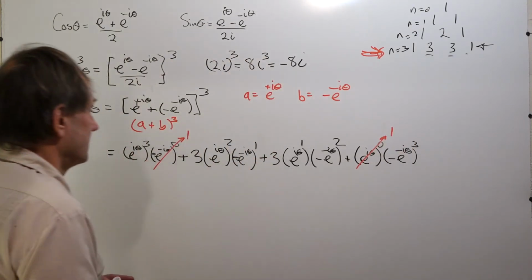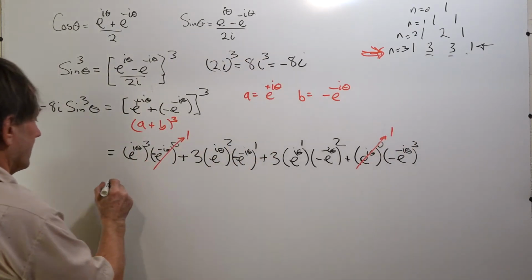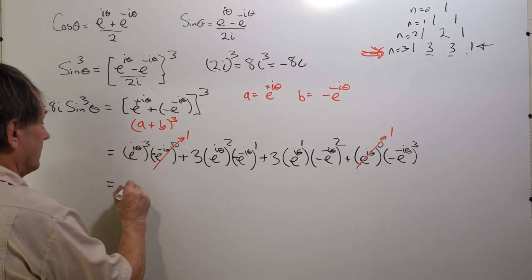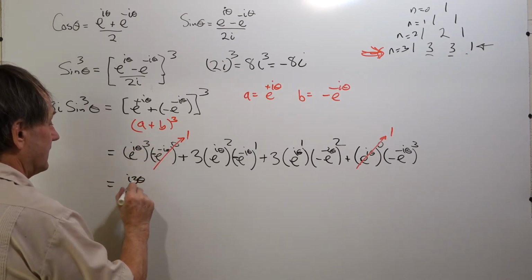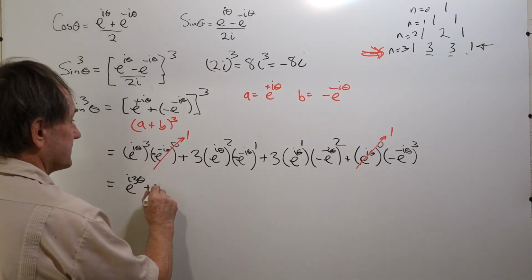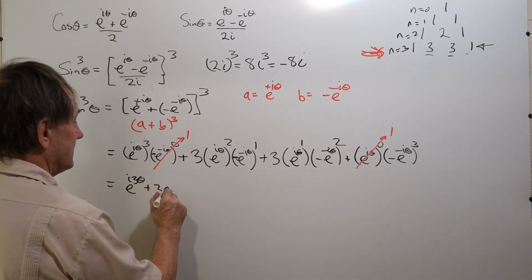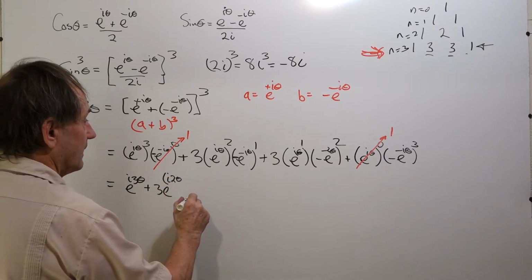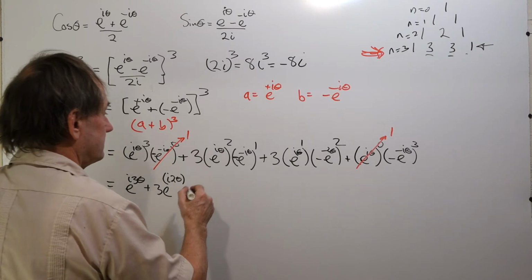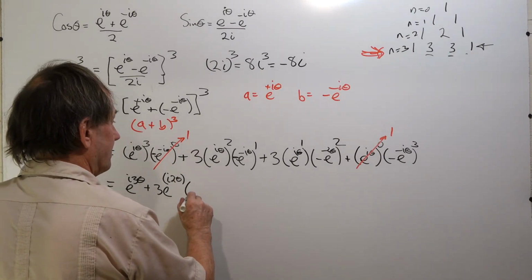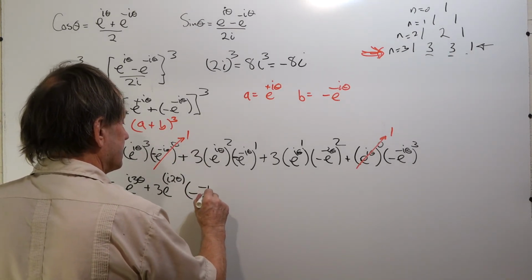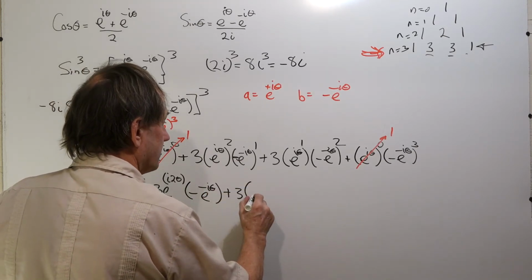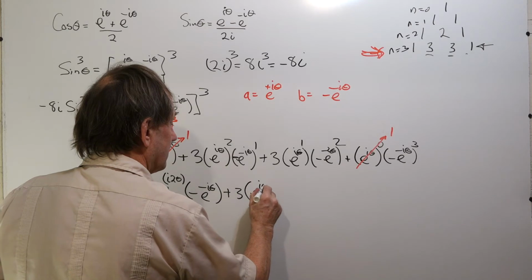We can simplify here because of our exponents. We've got e to the 3i theta plus 3 times e to the 2i theta, and here we have minus e to the minus i theta, plus 3 times e to the i theta.